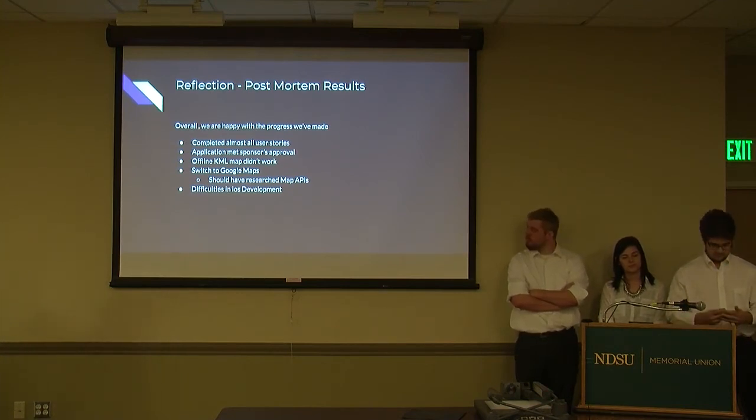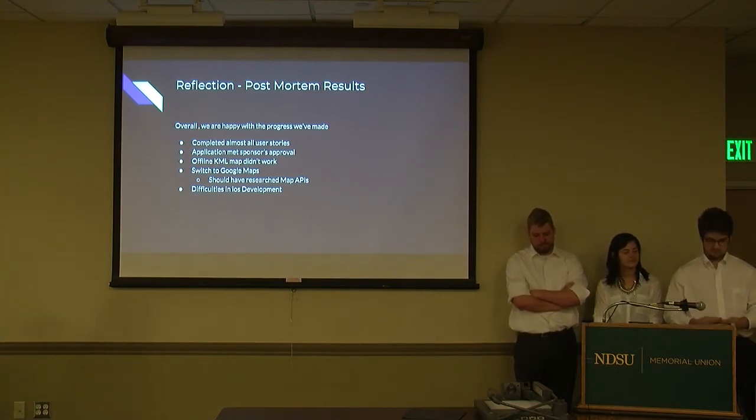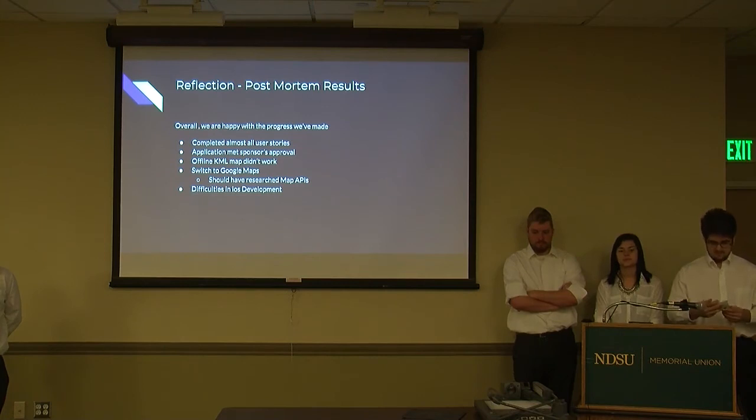Our switch to Google Maps was very rocky, to say the least. We picked MapKit, which is the native iOS map SDK, at the beginning, but we had to switch to Google Maps because of the offline maps problem.